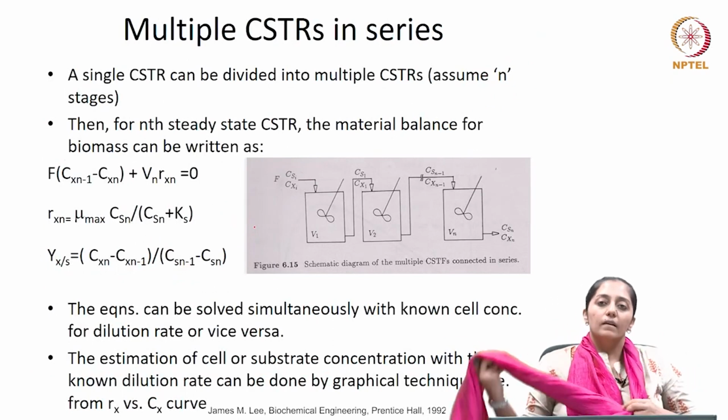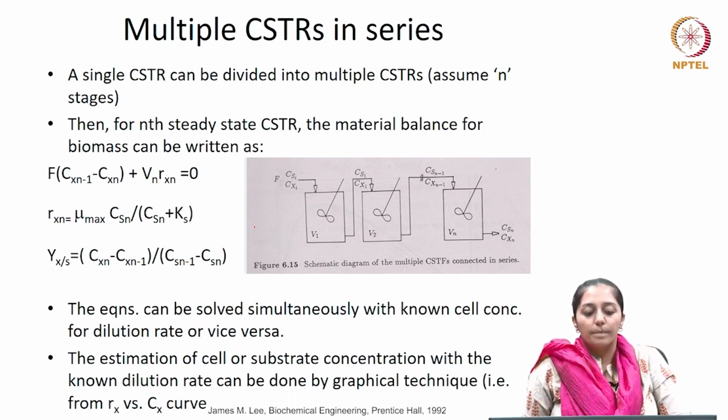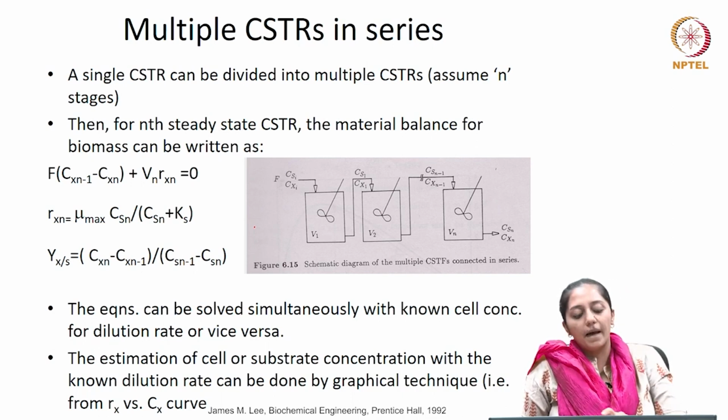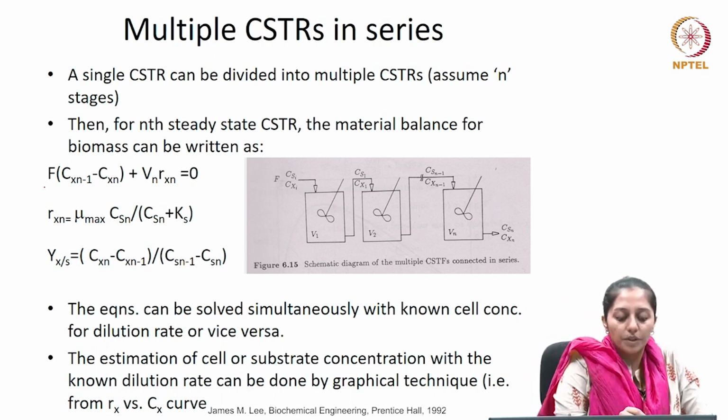Now, let us see a case where multiple CSTRs are connected in series. A single CSTR can be divided into multiple CSTRs, assuming there are n such CSTRs linked together in series. Then for the nth steady state CSTR, the material balance for the biomass can be given as shown here.